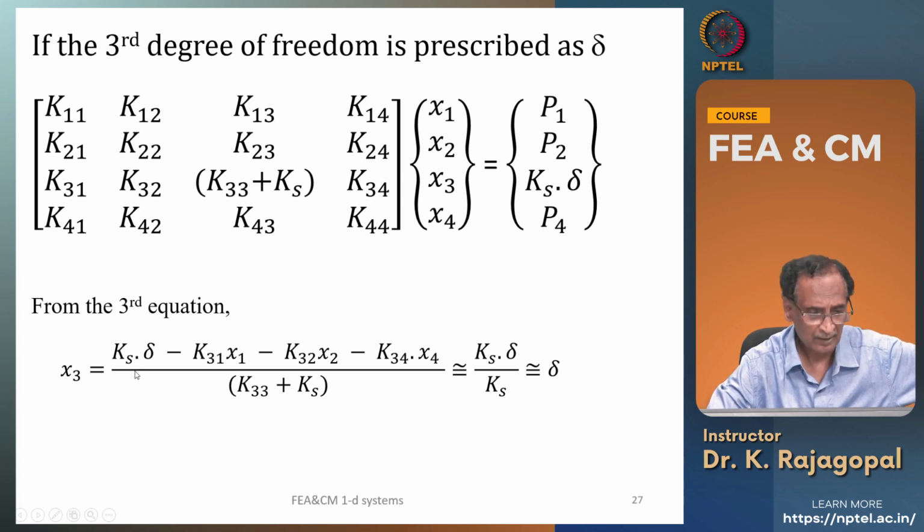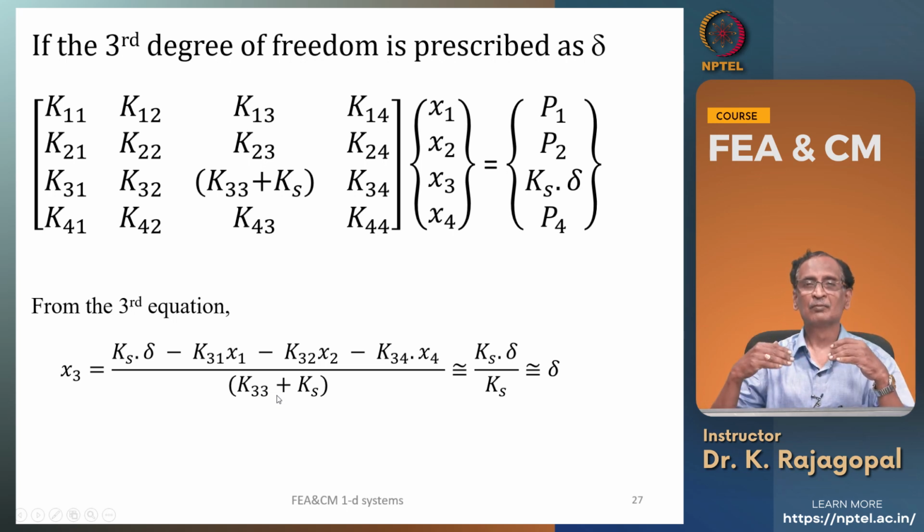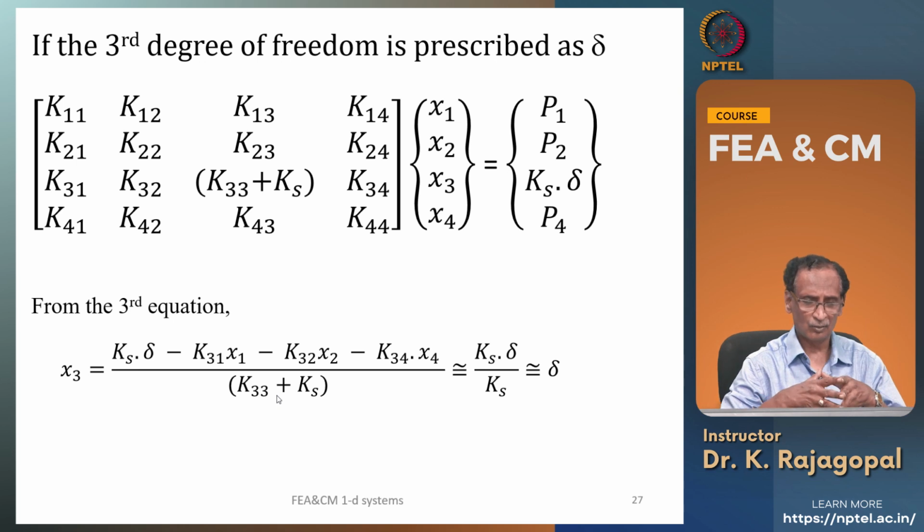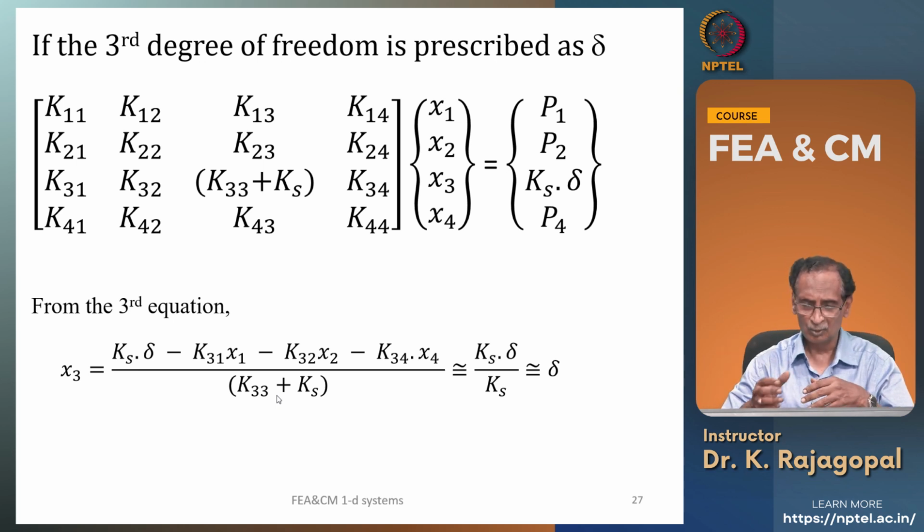If our Ks is very large, the calculated delta will be the same as what we want, but if our spring stiffness Ks is not of very large quantity, then we could have some errors. Okay, that we can check with a numerical example.